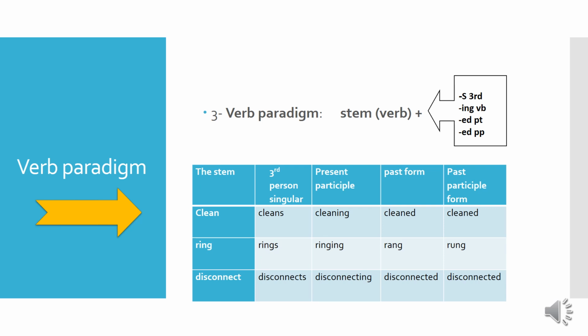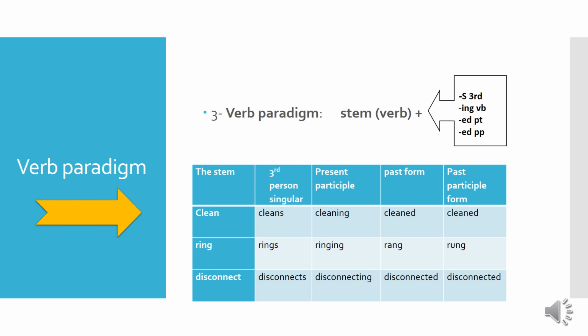Starting with the verb paradigm, the verb paradigm consists of the stem, which is a verb, and then we have the stem plus the third person singular. Then we have the stem plus ing verbal. The next position is occupied by the stem plus ed past.